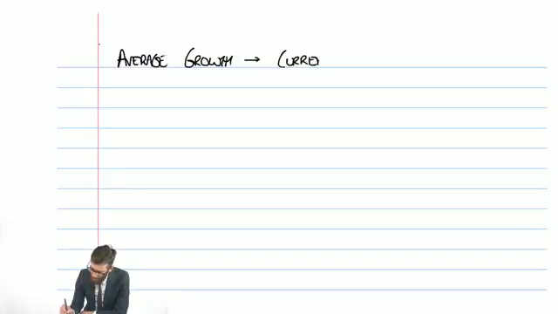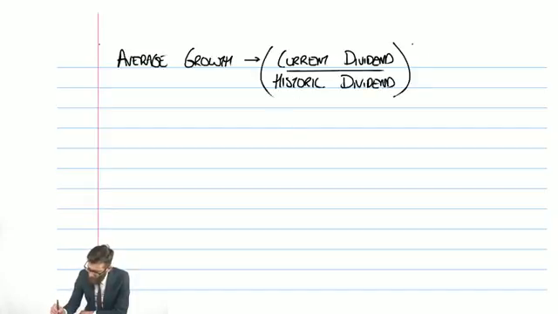The average growth will be found as the current dividend divided by the historic dividend, divided to the power of 1 over n, minus 1.